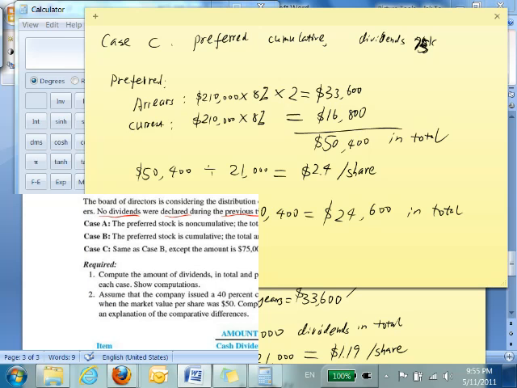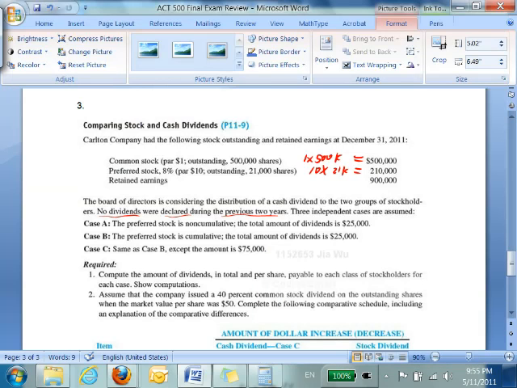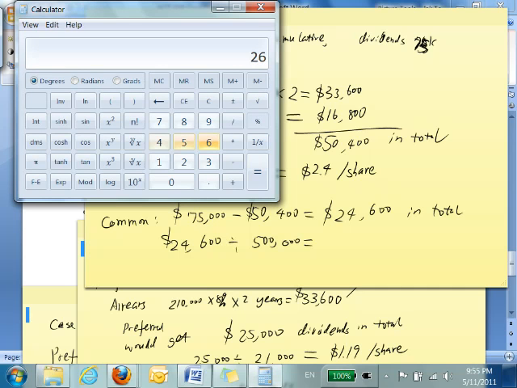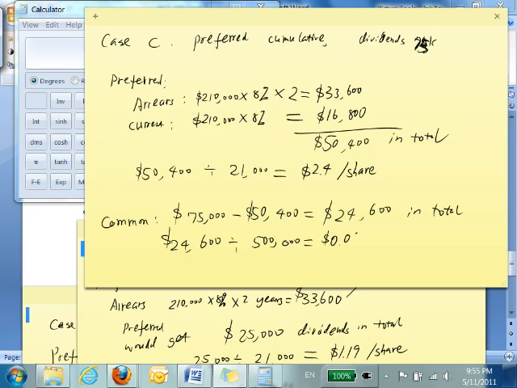Divided by 500,000, which equals $0.0492 per share. This is the dividend per share for common stock.